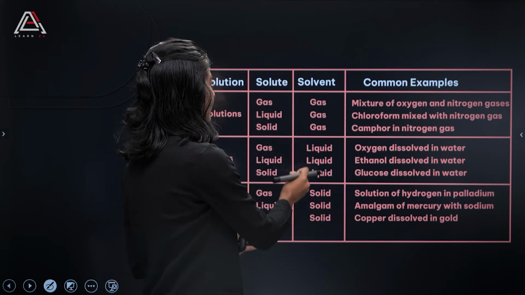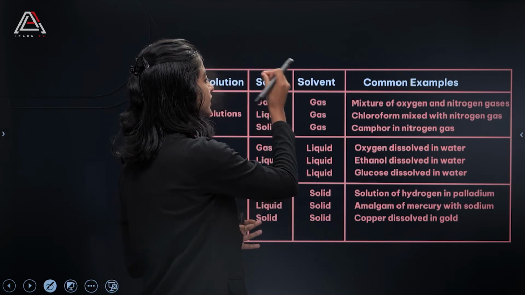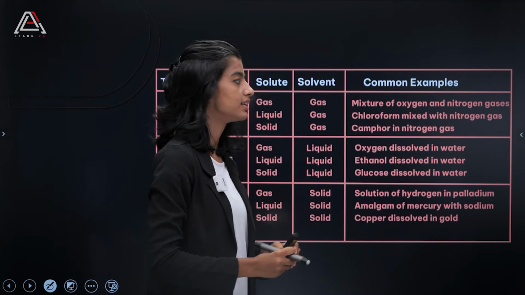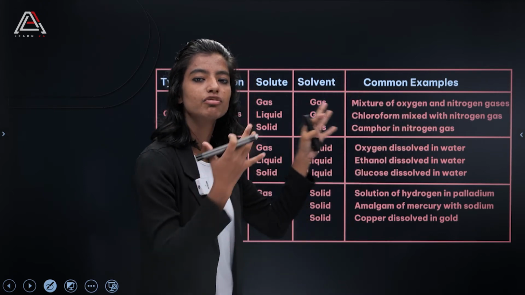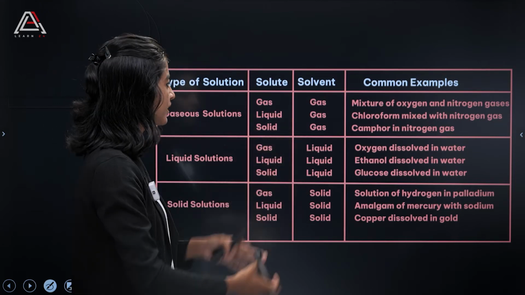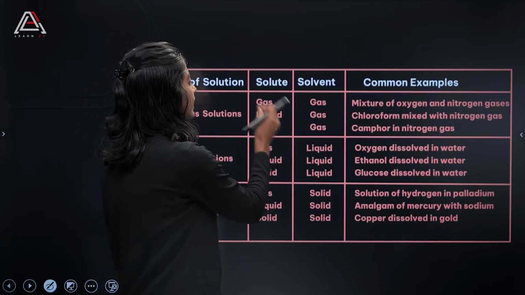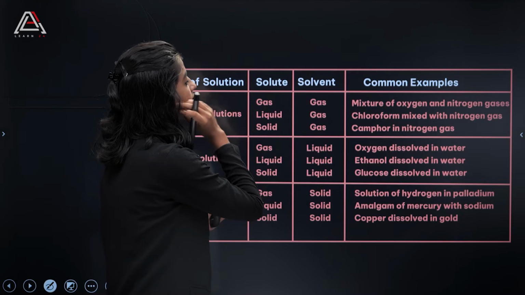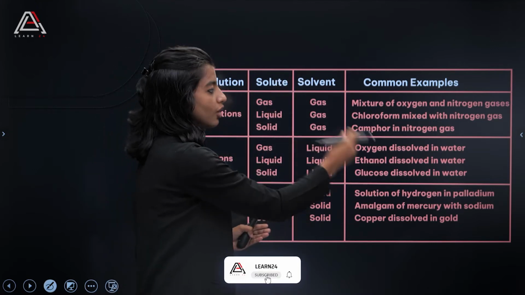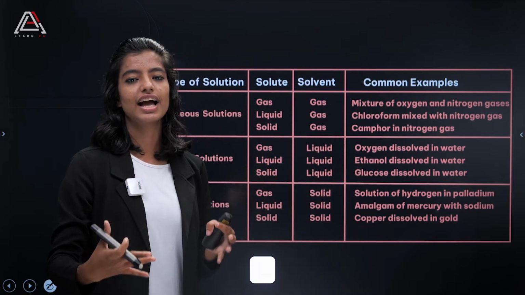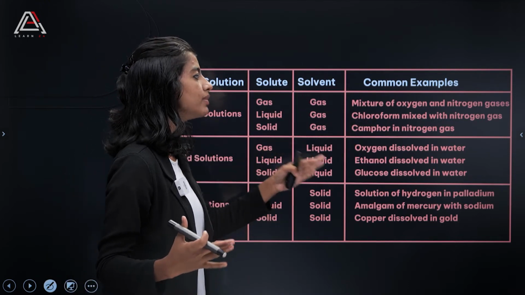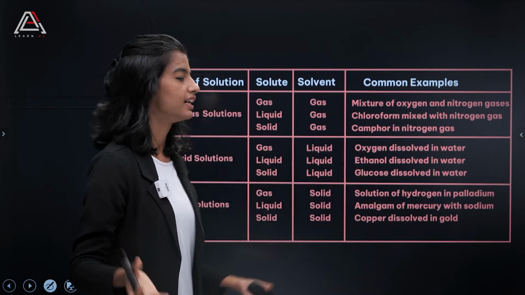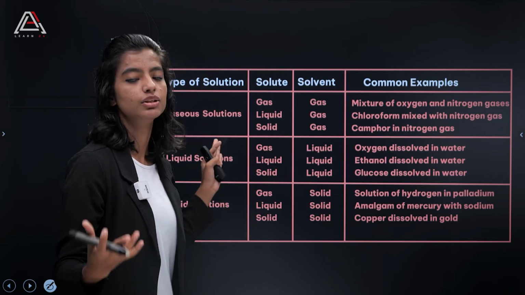First, I added a gaseous solute into the gaseous solvent. A mixture of oxygen and nitrogen gas is an example of this type of solution. And I added a liquid solute into a gaseous solvent. Chloroform mixed with nitrogen gas is an example of that, because chloroform is in liquid form and nitrogen obviously is a gas. And I got a gaseous solution.